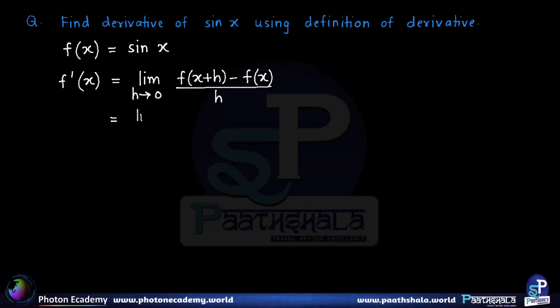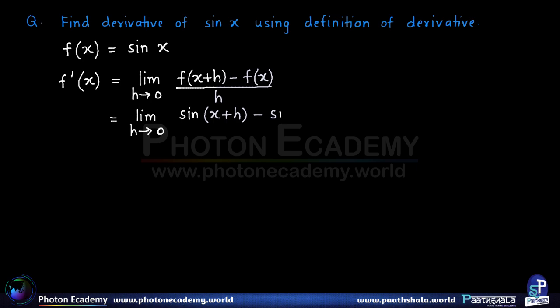So that is limit h tends to 0. Since f of x is sine x, f of x plus h will be sine of x plus h, minus f of x, which is sine x, whole upon h as it is.